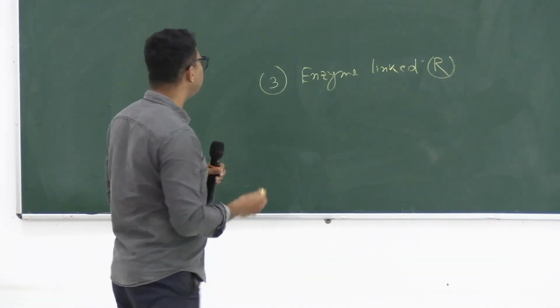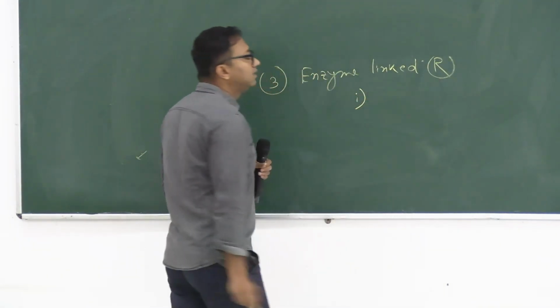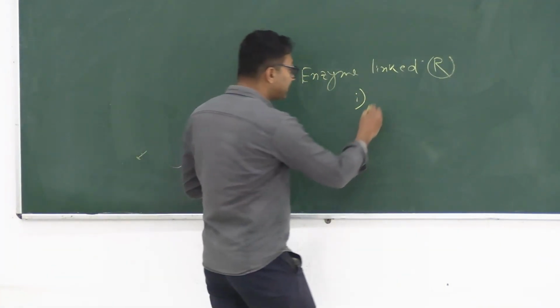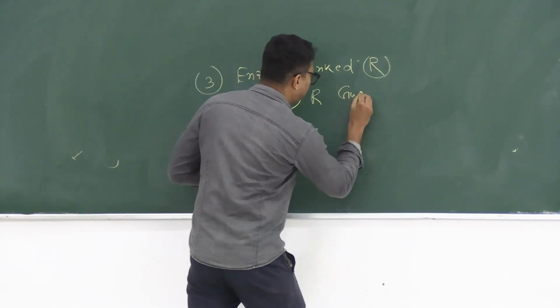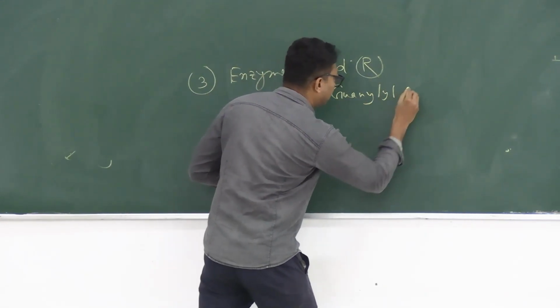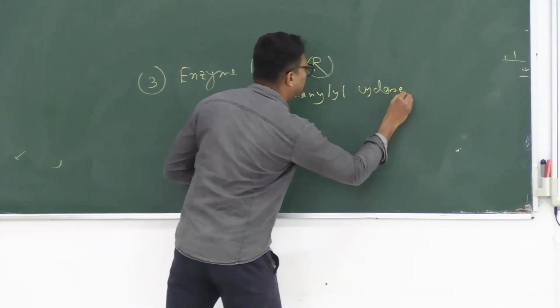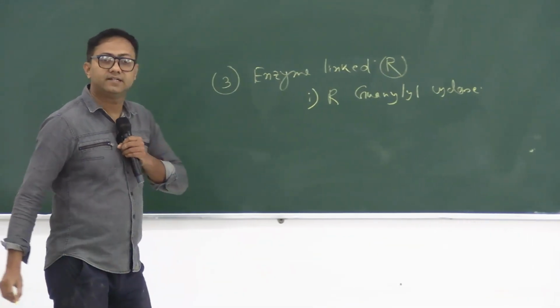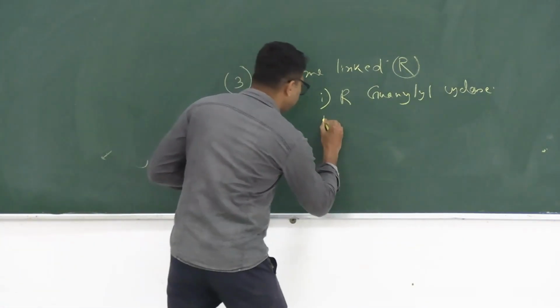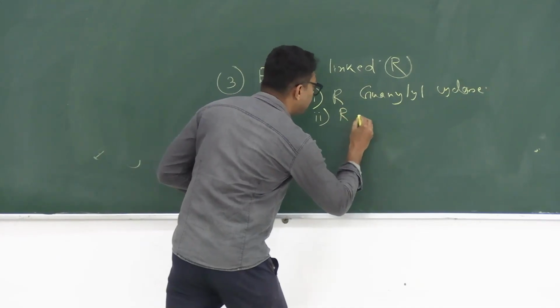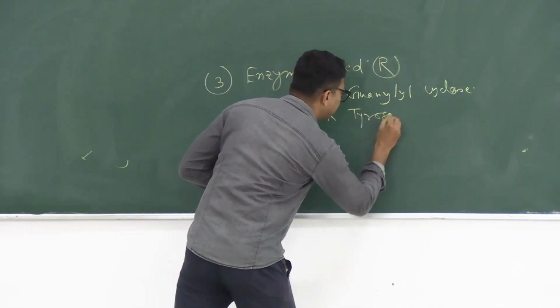Number 1, receptor guanylyl cyclase. Receptor tyrosine kinase.